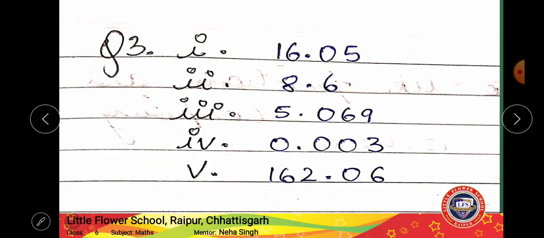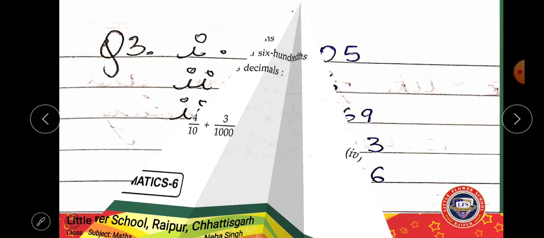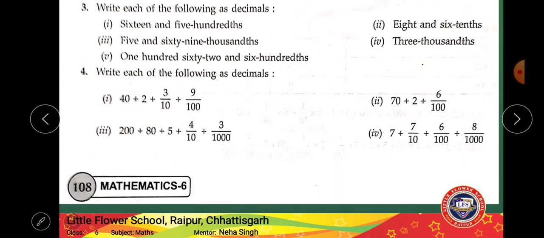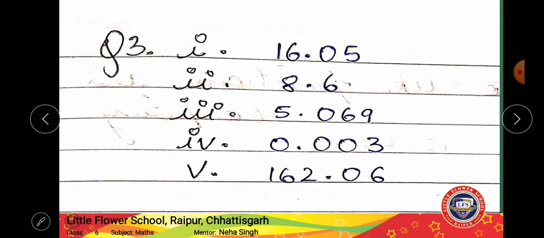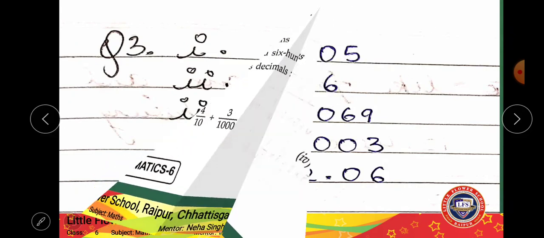Means 0.003, directly in place of thousandths we will write, right? 162 and 6 hundredths means, see, after 162 the decimal starts, 162.06. 6 hundredths means 0.06, because tenths place is not given, directly hundredths place was given, right? So like this we finish the third part. Coming to the fourth question.